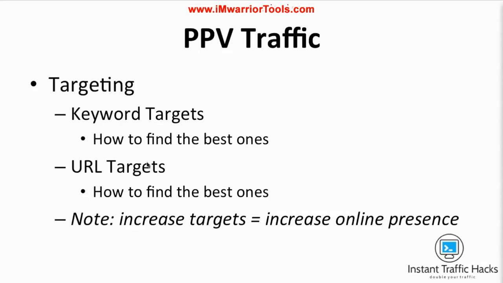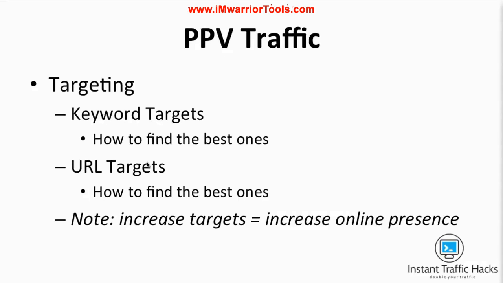You can get as general as just their root domain, golfexperts.com, or you can get as specific as going specifically to an article or page on their domain. So not just popping every time somebody shows up on golfexperts.com, but instead having your ad pop up when they specifically go to the article about golf swings on that domain. So that's how you're going to use the URL targets.